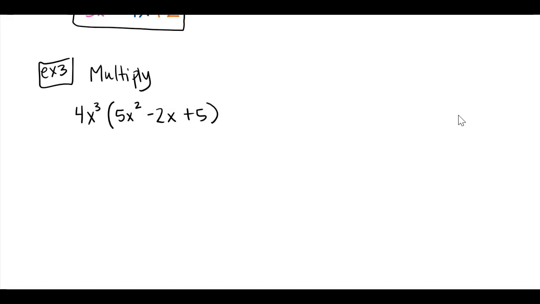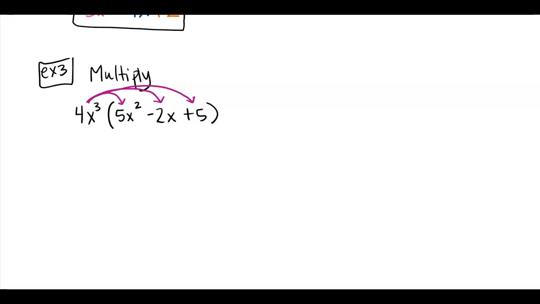All right, so I'm taking a monomial and I'm multiplying it by a trinomial. Well, this is where we have to use the distributive property because it's telling us we're going to take this 4x cubed and I'm going to multiply it by everybody that is inside that parenthesis. Right? So this is the distributive property that we use here.